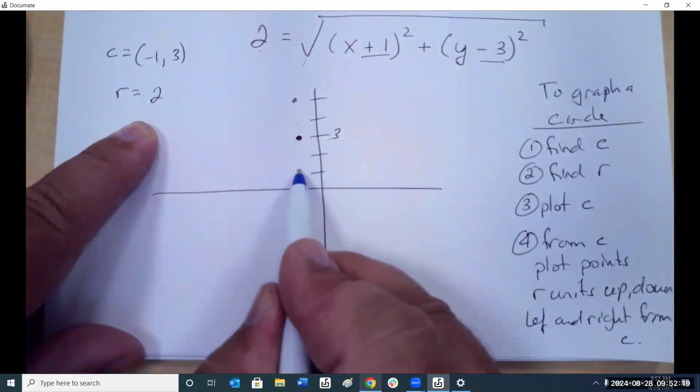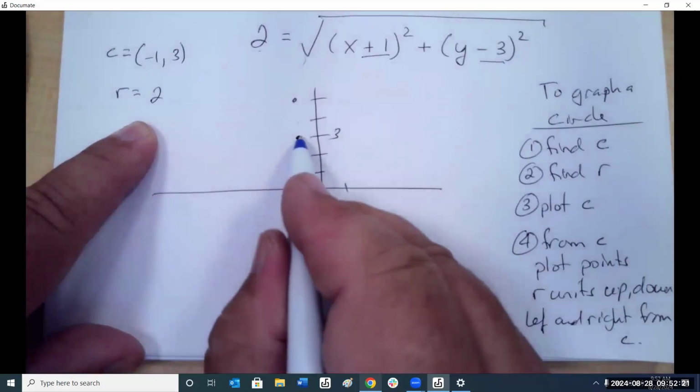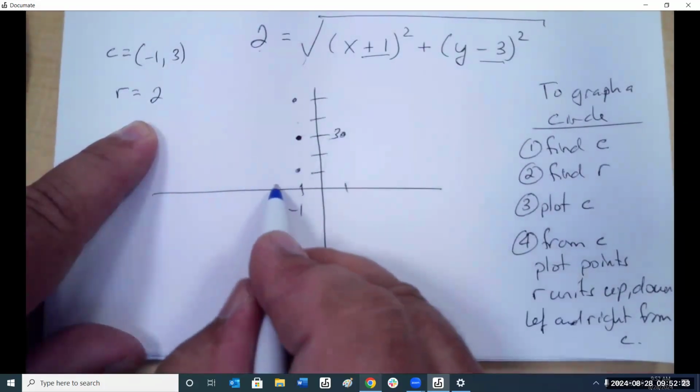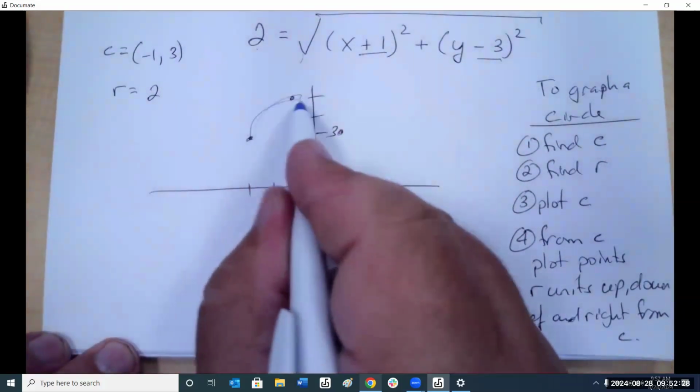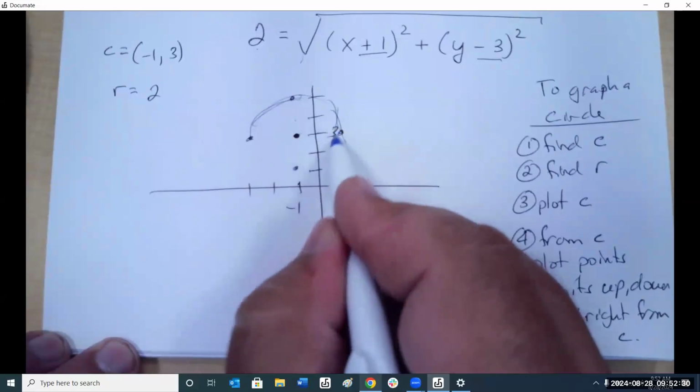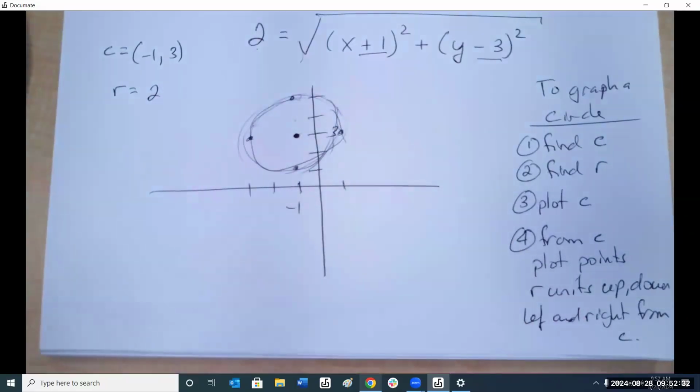Go down 2, put a dot there. To the right 2, and to the left 2. Then connect the dots. And there's your graph.